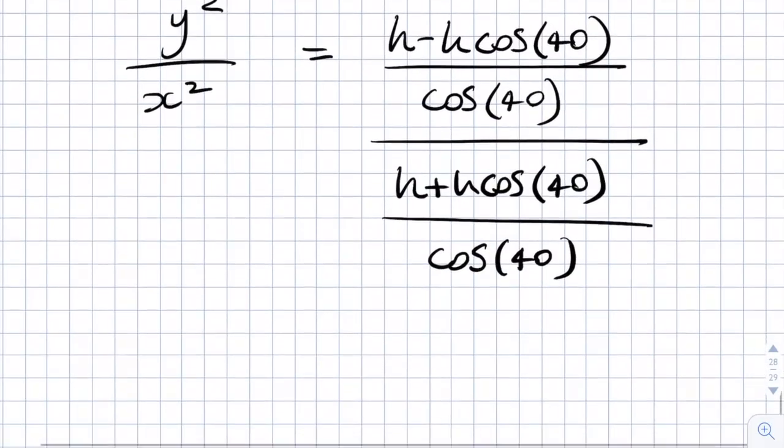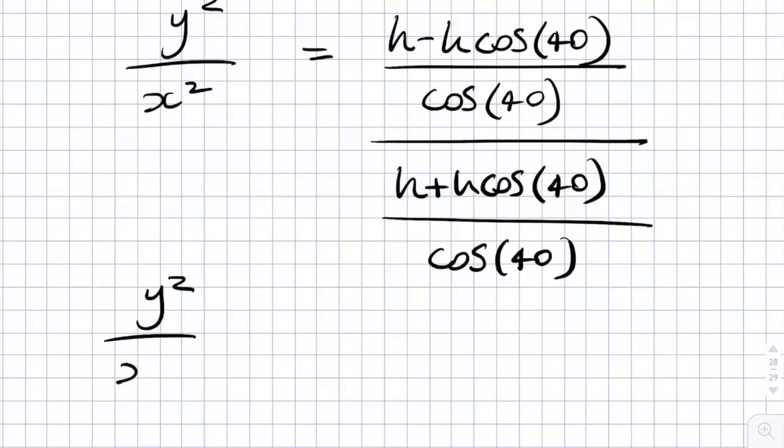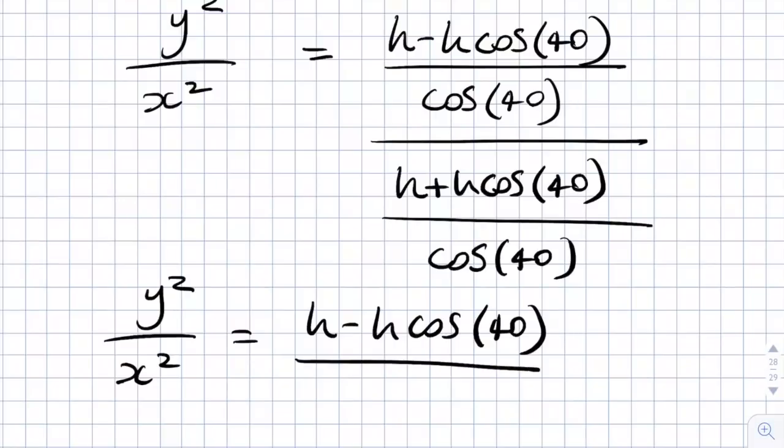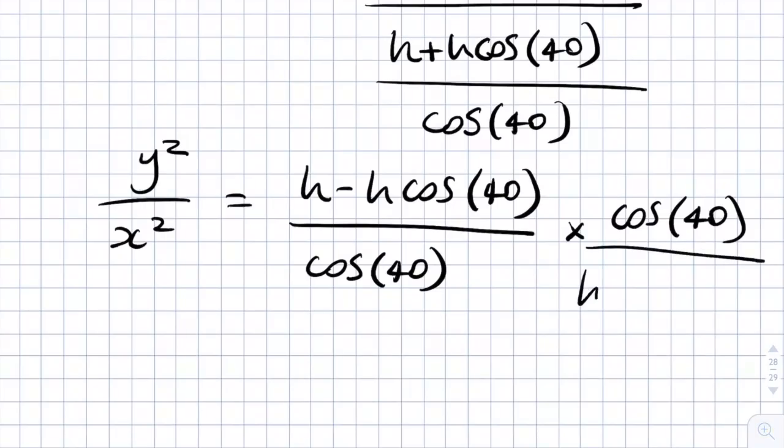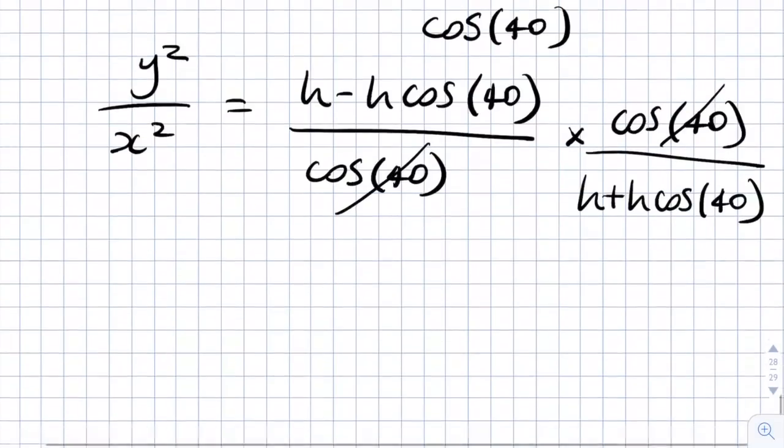So we can rewrite it in that form. So we can say y squared over x squared equals h minus h cos 40 over cos 40, times the reciprocal, so cos 40 over h plus h cos 40. And then, of course, you'll notice that the cos 40s cancel each other out.